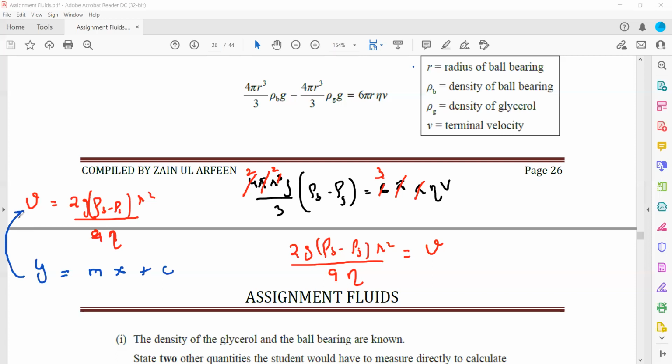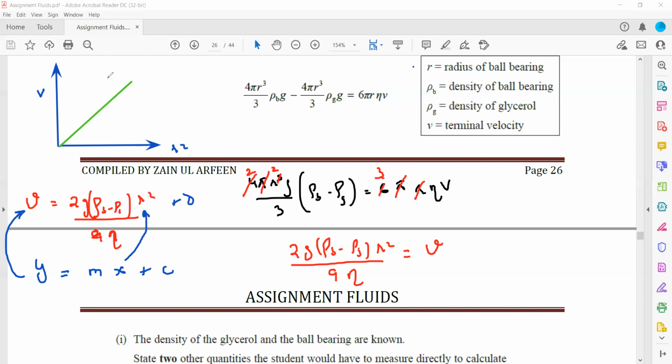On the y-axis we'll plot v, the velocity, and on the x-axis we'll plot r square. There is no y-intercept here, so it will be a straight line starting from the origin with a positive gradient.